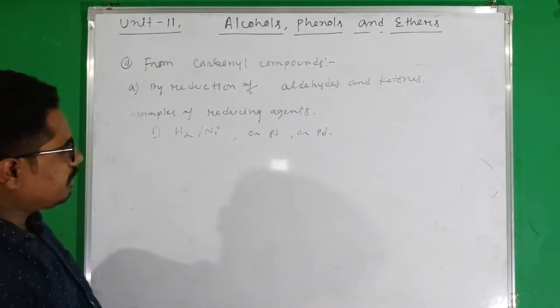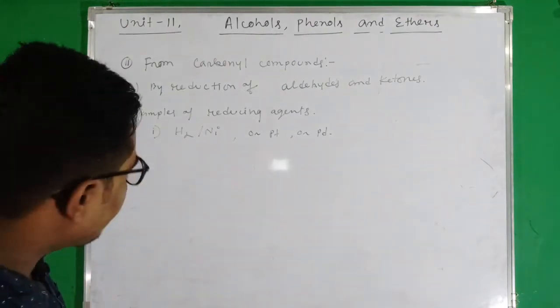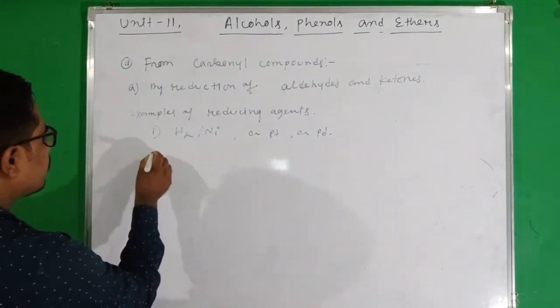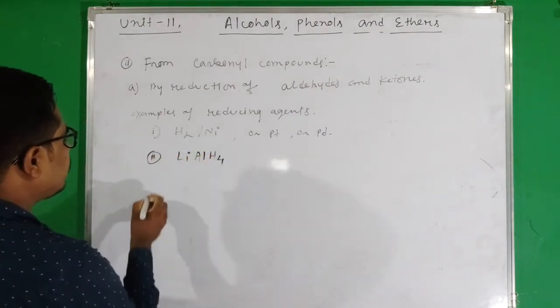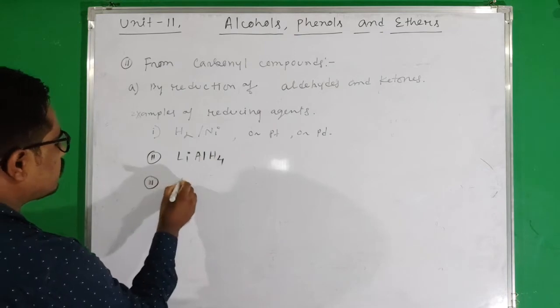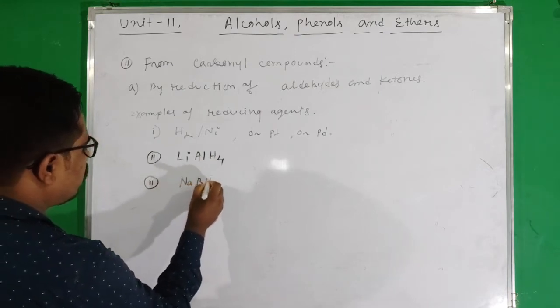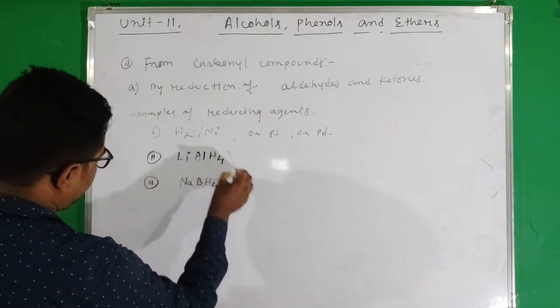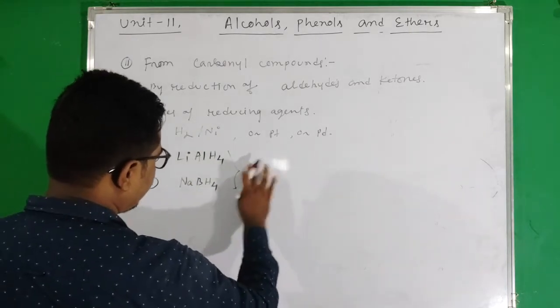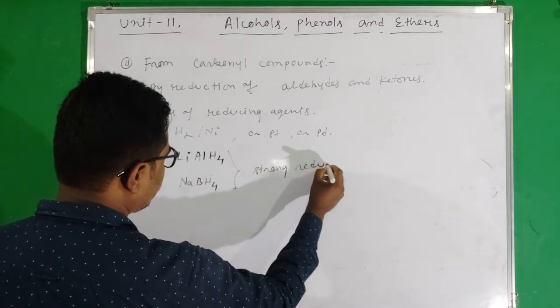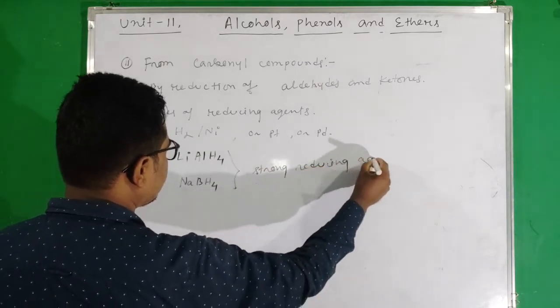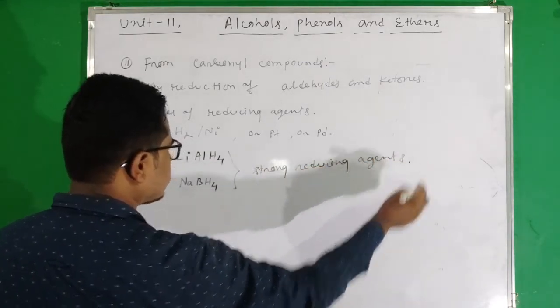Okay, and the next one is lithium aluminium hydride, and number 3 sodium borohydride, and both of them are strong reducing agents.